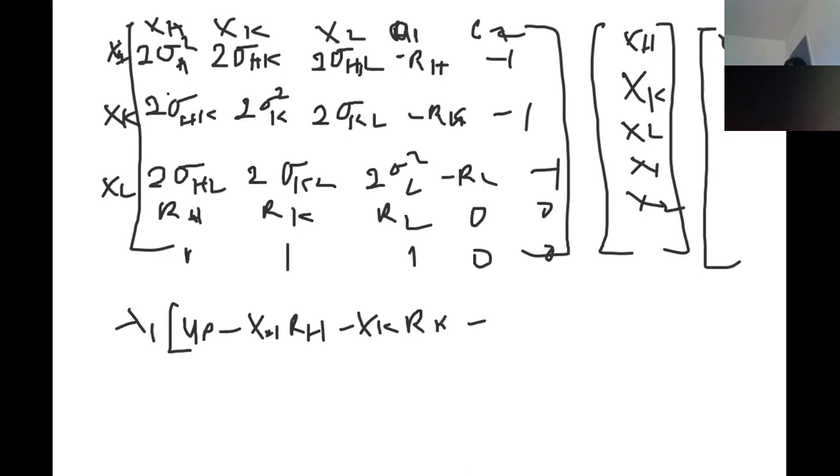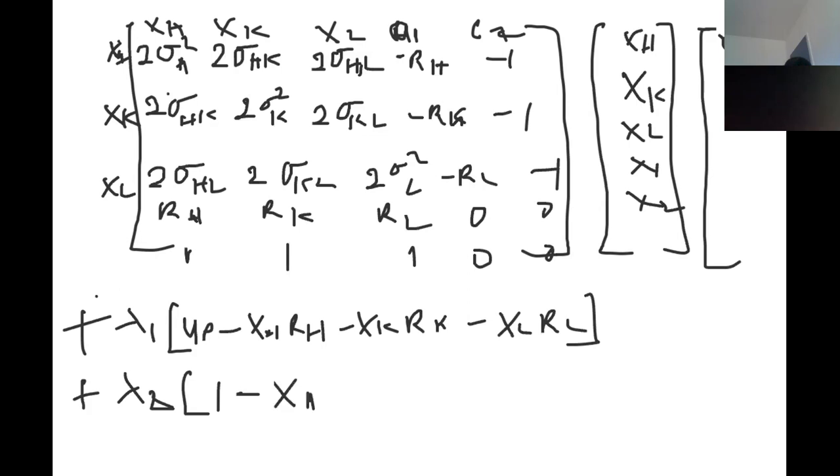So this is only referring to the first constraint part. The second constraint part becomes plus lambda 2 into bracket 1 minus X of H minus X of K minus X of L.